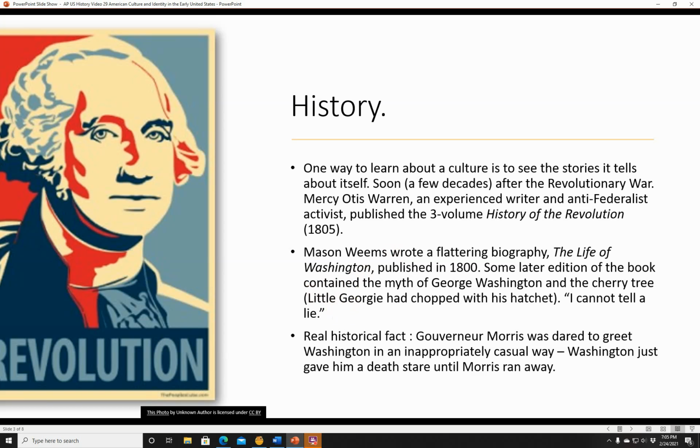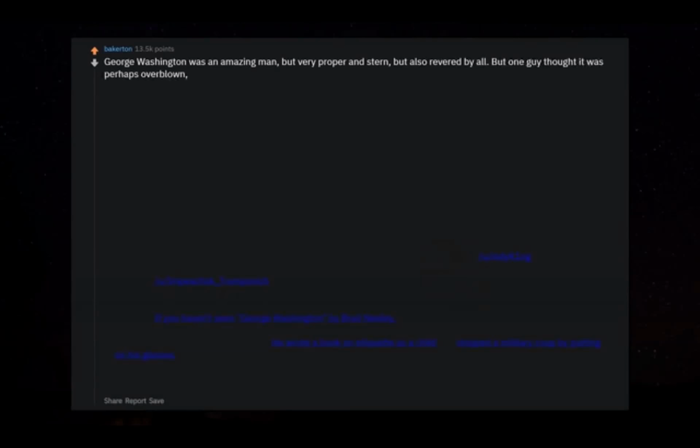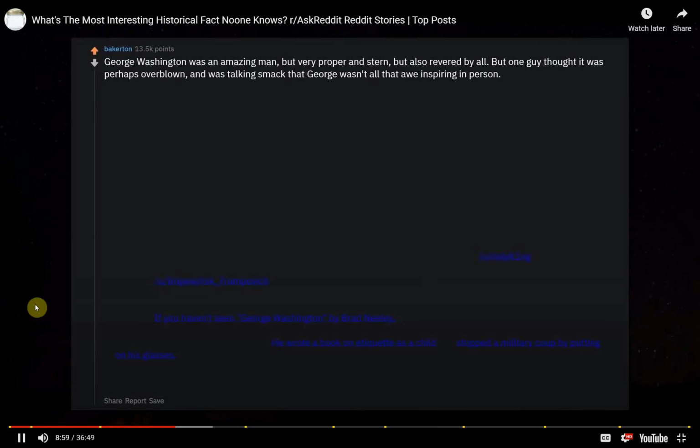Governor Morris, who was not a governor, that was his name, was dared to greet Washington in an inappropriately casual way, and Washington basically just gave him a death stare until Morris ran away. So here we go. George Washington was an amazing man, but very proper and stern, but also revered by all. But one guy thought it was perhaps overblown, and was talking smack that George wasn't all that awe-inspiring in person.